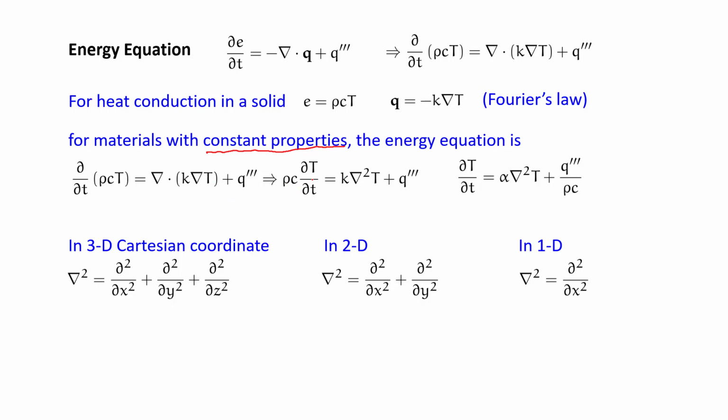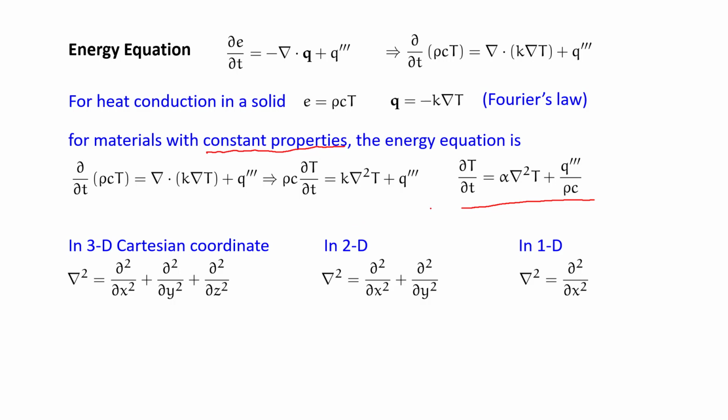That means rho C del T/del t equals k del squared T plus Q triple prime, and then I divide both sides by rho C. So I get del T/del t equals alpha del squared T plus Q triple prime by rho C, where alpha is k by rho C, that is the thermal diffusivity. This is the general equation of heat conduction when we assume that the properties k, rho, C are constant.